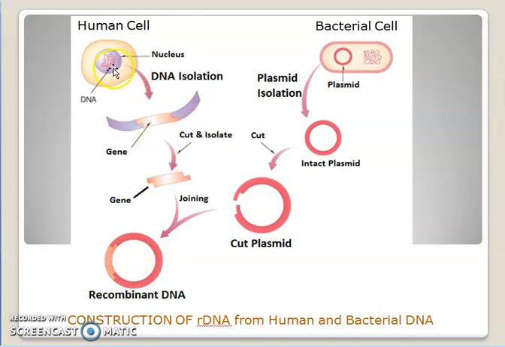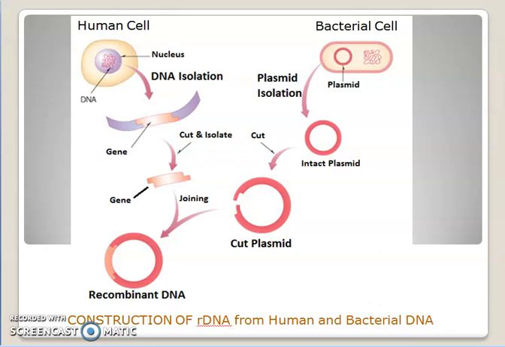So we are cutting the DNA and we are recombining the DNA. That's why this particular type of DNA is known as recombinant DNA. So RDT is basically concerned with the construction of recombinant DNA, and this entire process is artificial. It takes place inside glassware, inside artificial conditions of the laboratory.